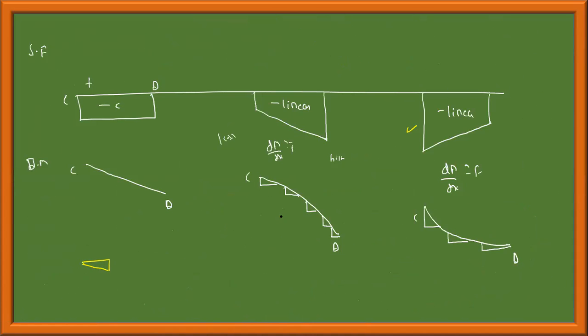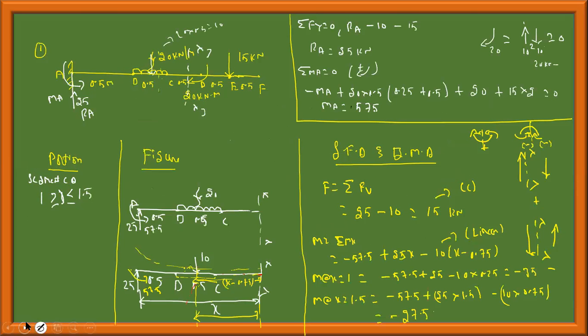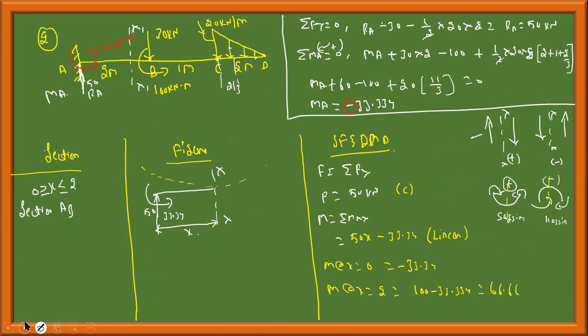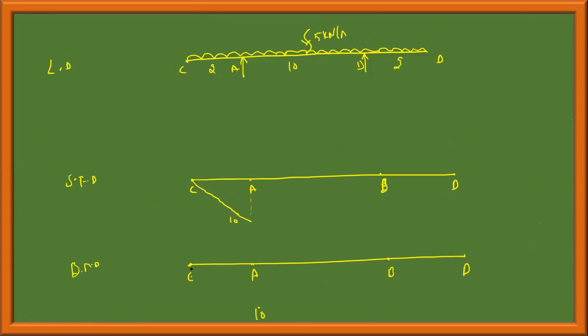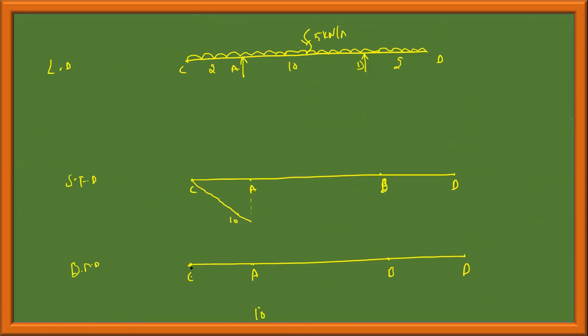The two negative, it will suit like this. Therefore, the slope will be like this. The bending moment curve will be something like this. Okay. Next.